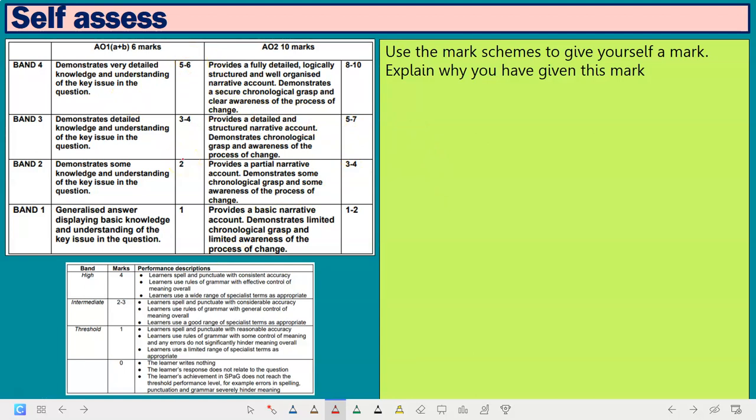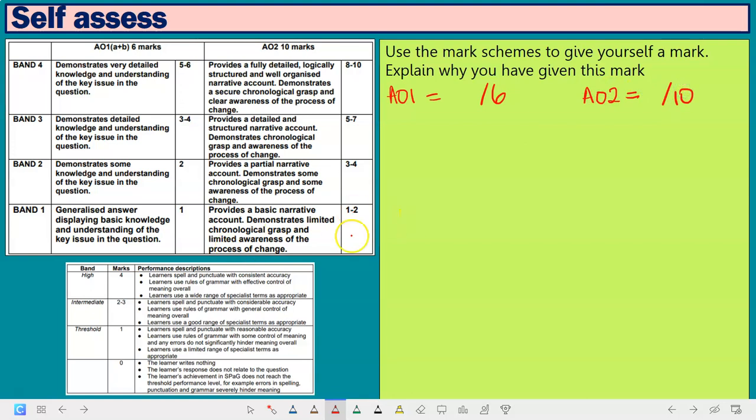So in the actual mark scheme, for your 16 marks, you get it split into AO1 and AO2. So we need to be mindful of that. We're going to be giving ourselves a mark for AO1 out of 6. And we'll also be giving ourselves a mark for AO2 out of 10.